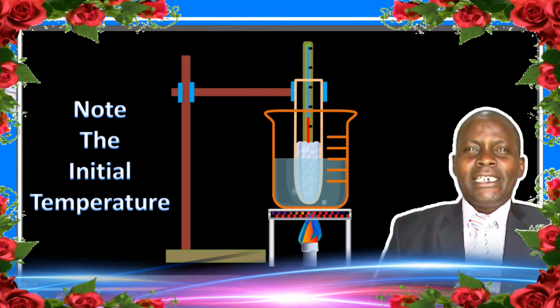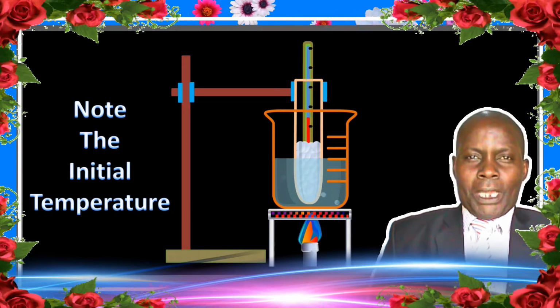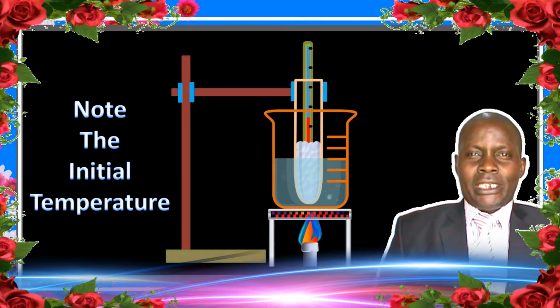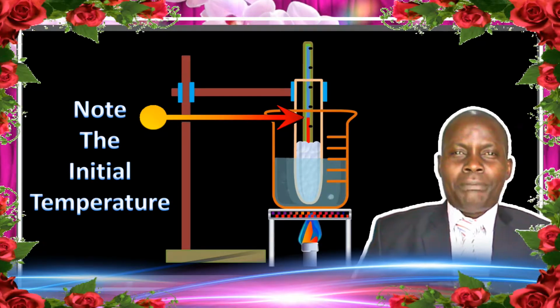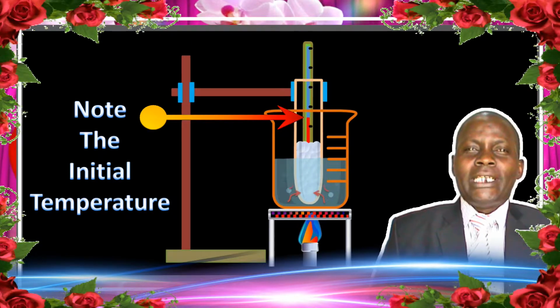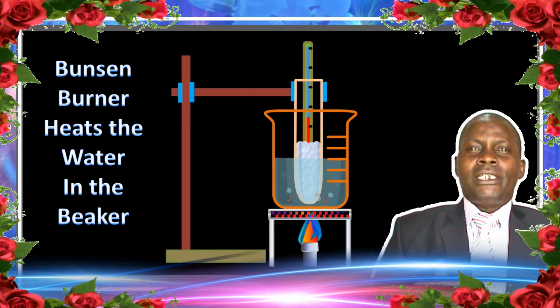We start heating the water in the beaker. But before we provide heat to the water in the beaker, we first of all note the temperature of naphthalene. Then we start providing heat.